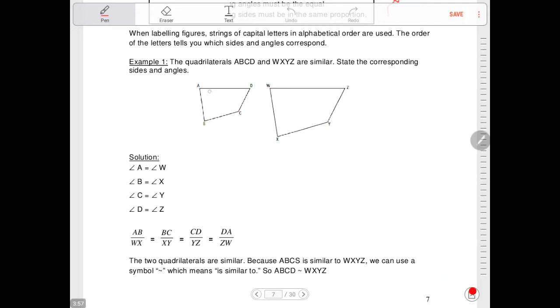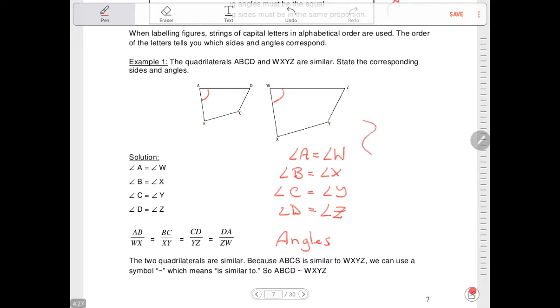So if you look here at angle A, the corresponding angle over here would be angle W. So you simply would say angle A is equal to angle W. The same is going to carry on for the rest. So angle B will be equal to angle X, angle C will be equal to angle Y, and of course then angle D would be equal to angle Z. Now those are your corresponding angles.